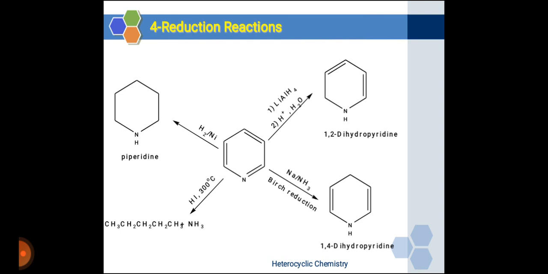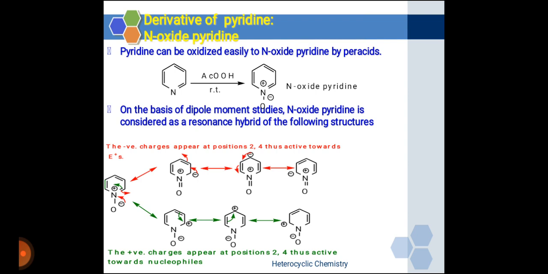Then a derivative of pyridine, pyridine N-oxide. The pyridine can be oxidized easily to pyridine N-oxide by peracids. The pyridine reacts with the peracid at room temperature to form pyridine N-oxide.